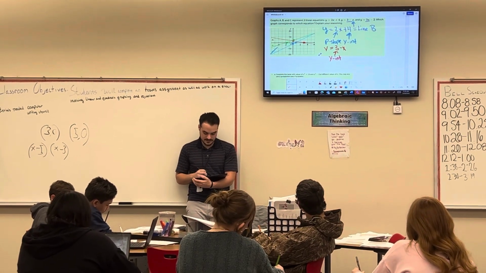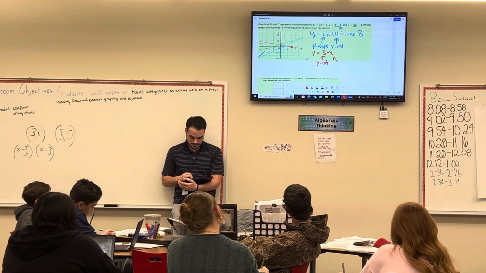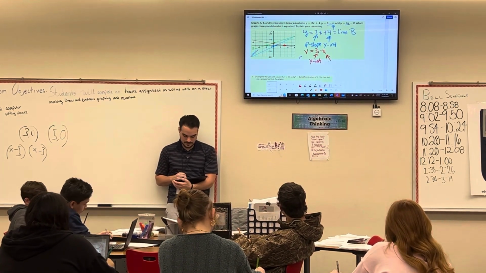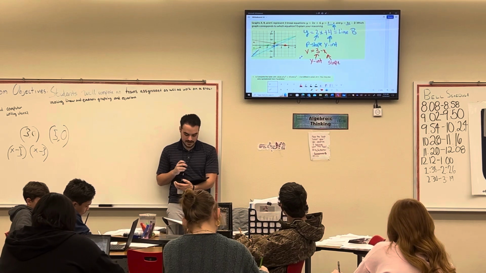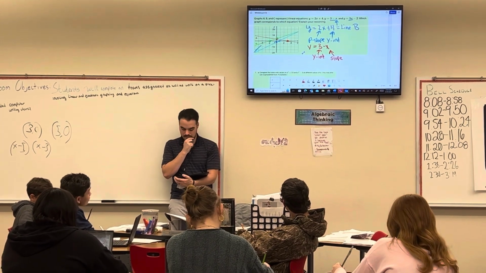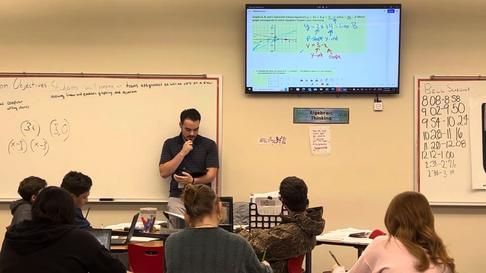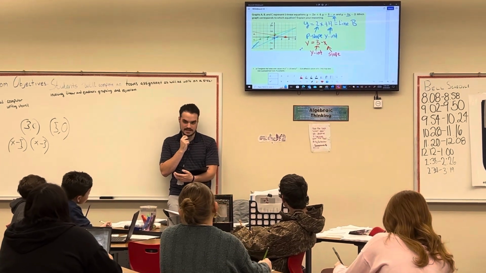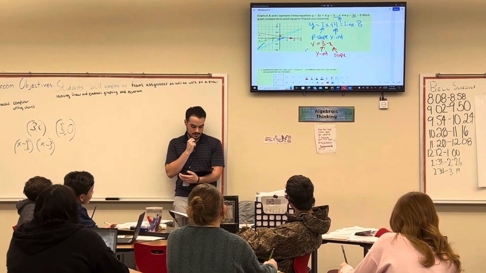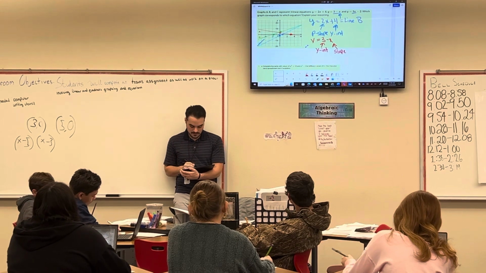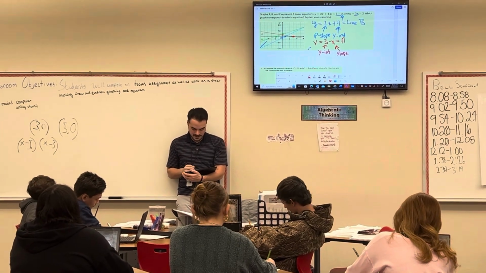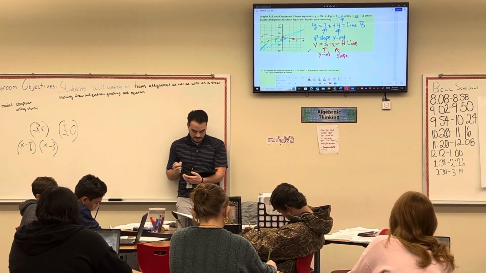So what is this x going to be? The slope. Yep. Good job. Is that slope negative or positive? Negative. Okay. So which line is the only line that's negative on that graph? A. So that one's a given. So we got line A.